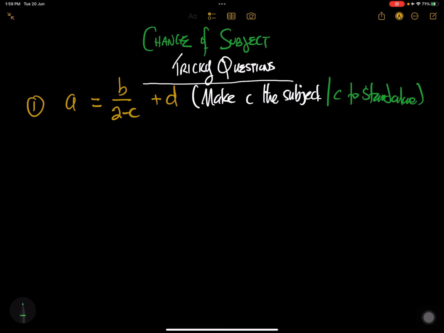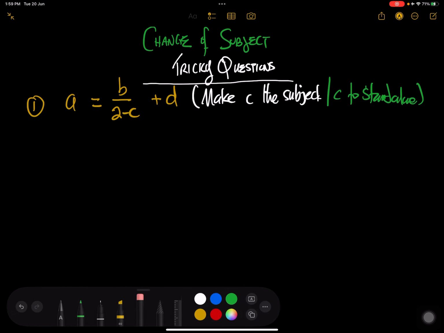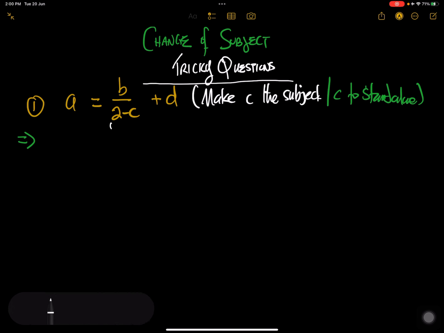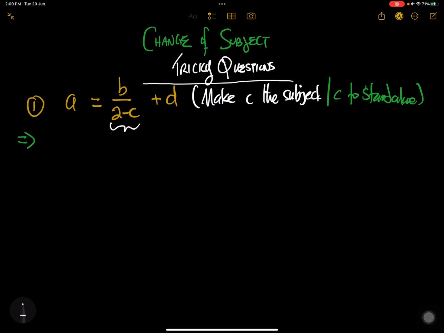So the first thing is, if we look at this problem, we are going to start off with the imply symbol, because there's already an equality sign in the question. Now we can also observe that this whole thing here is a fraction. So we are going to also write A as a fraction, and D also as a fraction.